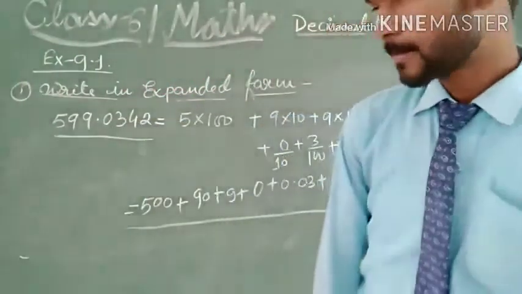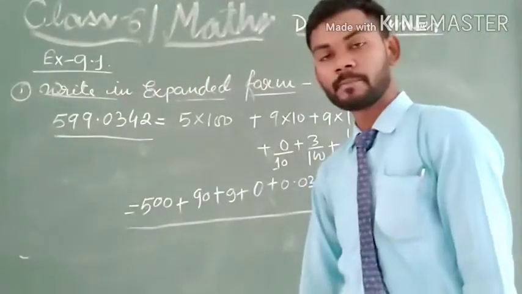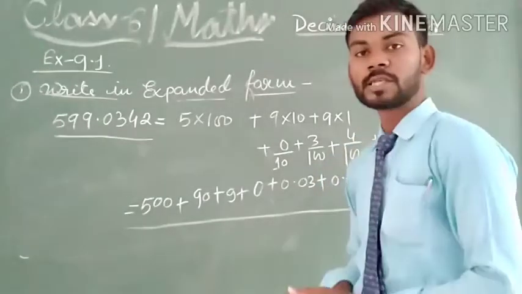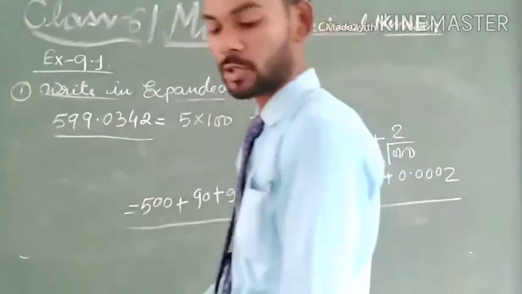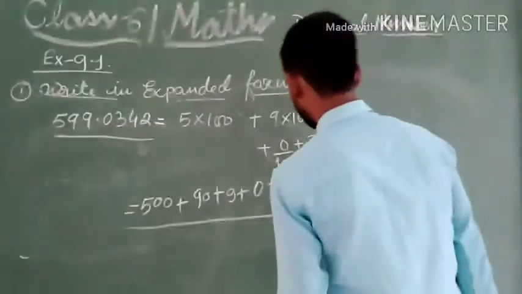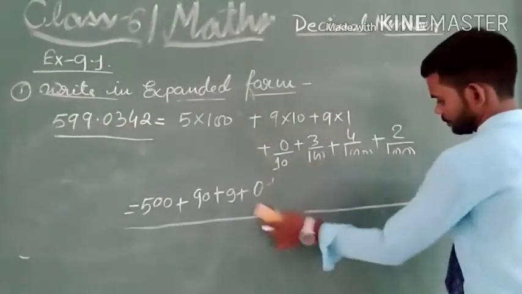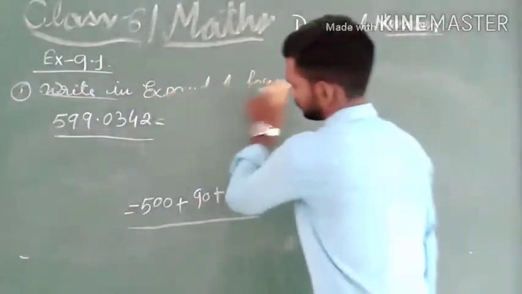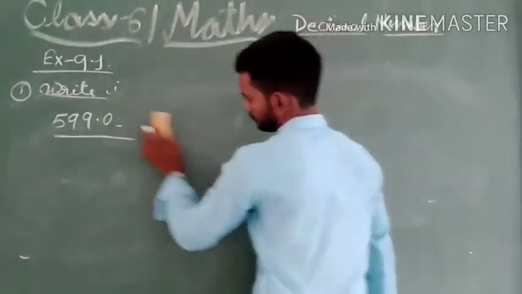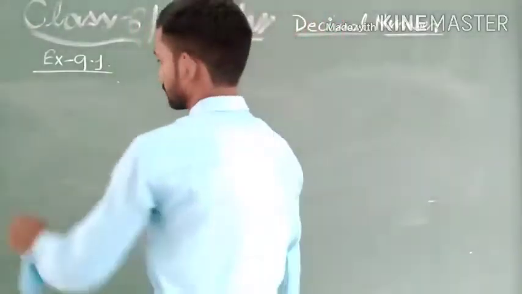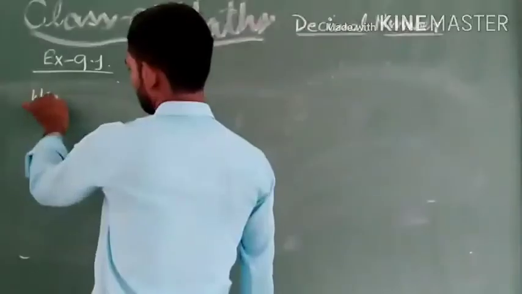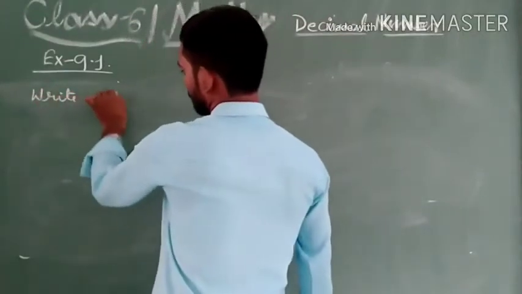Now let us see the reverse method, where we change the expanded form into short form, into the standard form. So the second question is: write in decimal fraction.